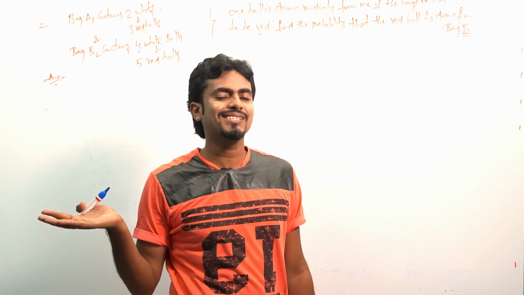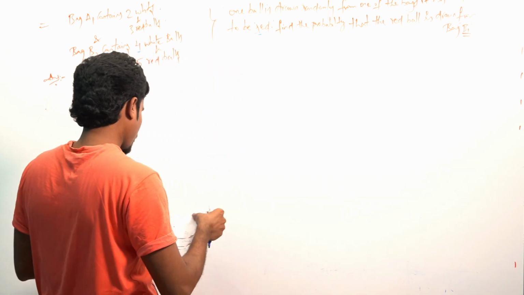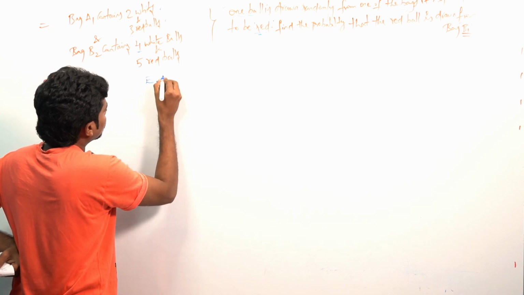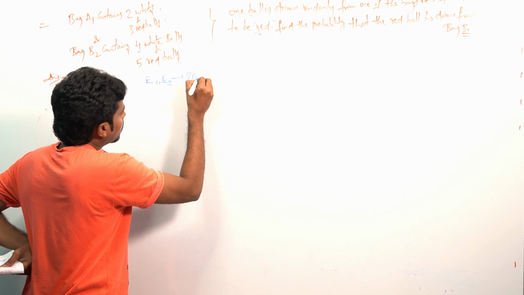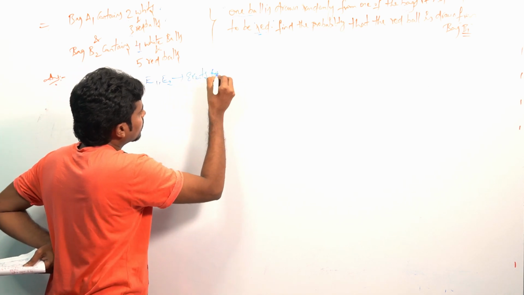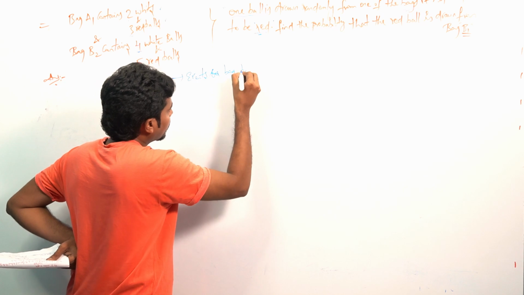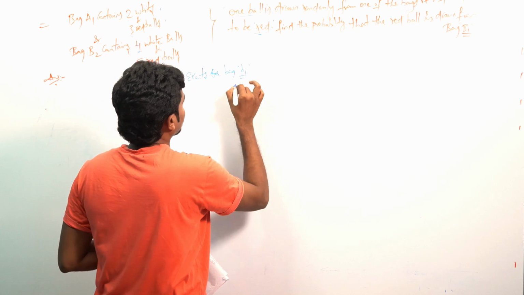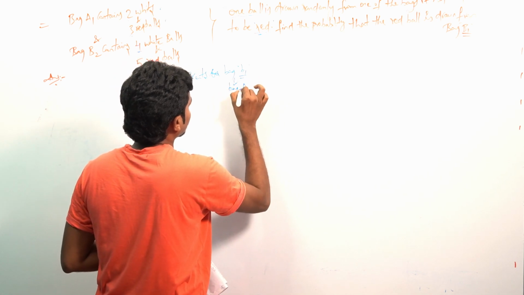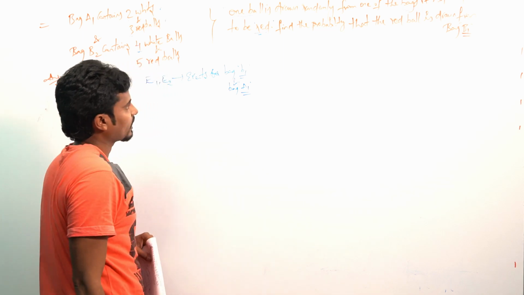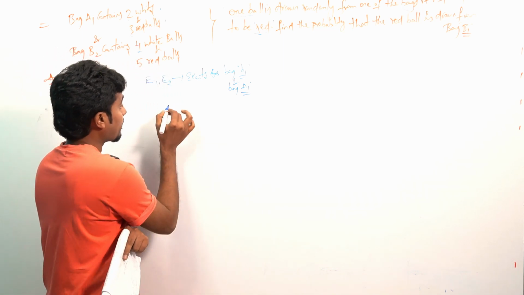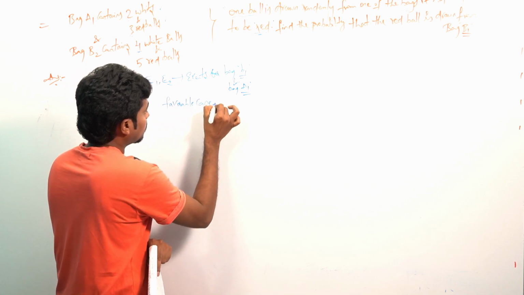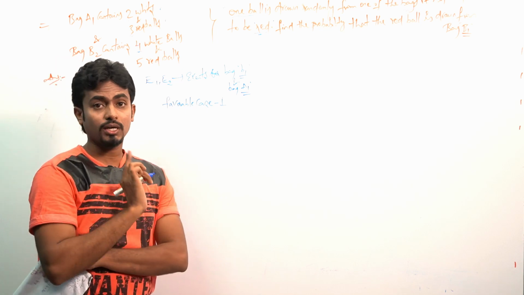For example, if I take the events E1 and E2, E1 and E2 are the events for bag B1 and bag A1. My favorable case is 1, and the total number of bags is 2.